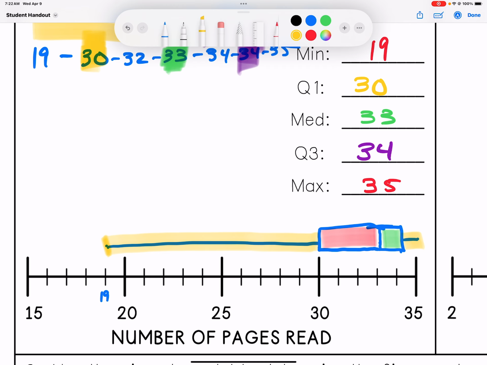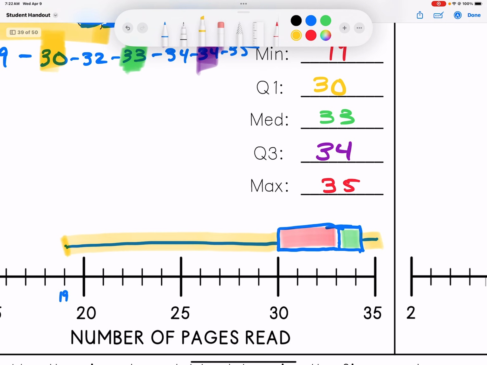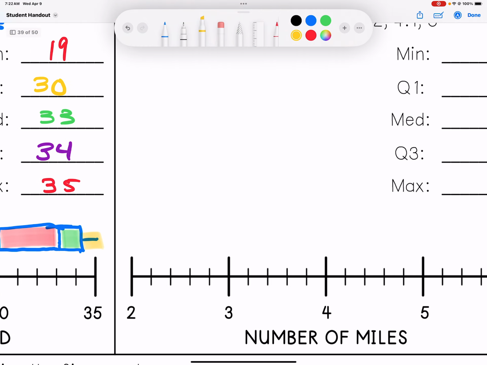That's it. So I'm gonna pause now and let you do number 2. Same exact thing, except now you have decimals. So when you have decimals over here, let's say one of the decimals is 2.8, okay? What do these right here represent? Well, this is a whole number, okay? So how many of these are there?